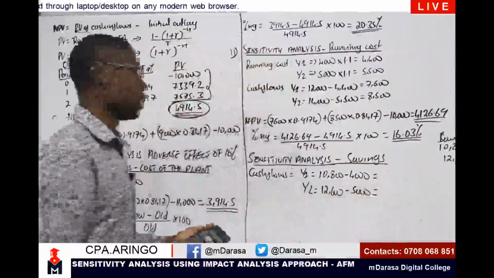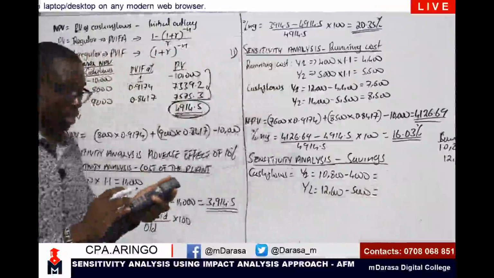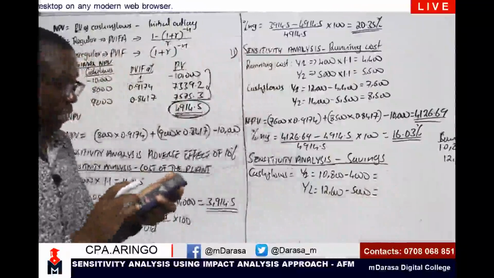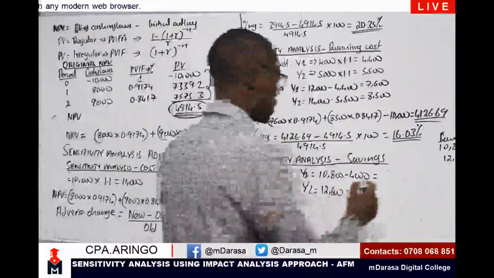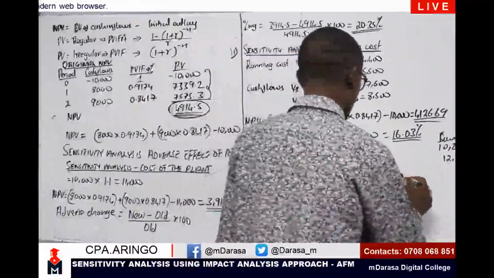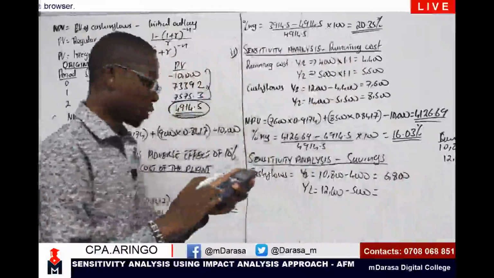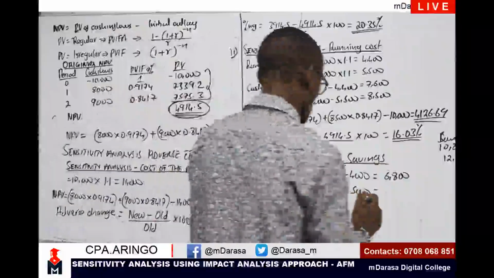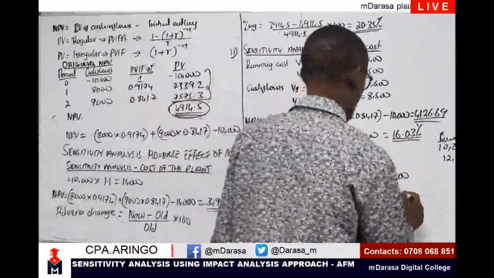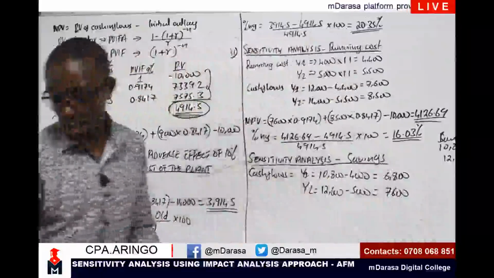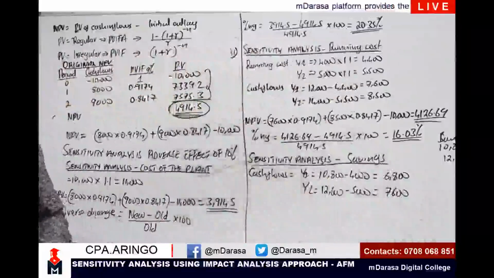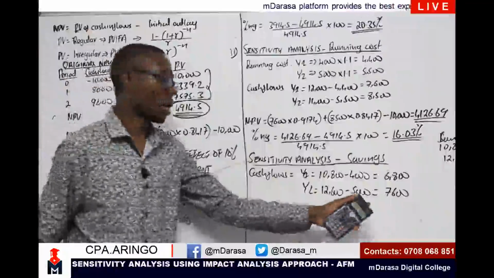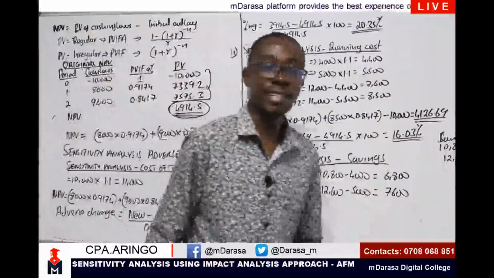So what should we be having as our new cash flows? 10,800 minus 4,000 to give us 6,800. 12,600 minus 5,000, new cash flow should give us 7,600. So this should be our cash flows, 7,600, right?